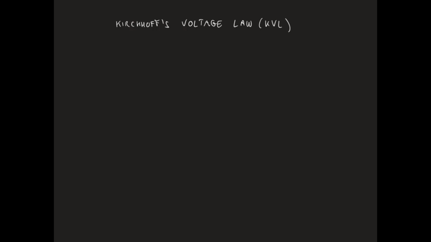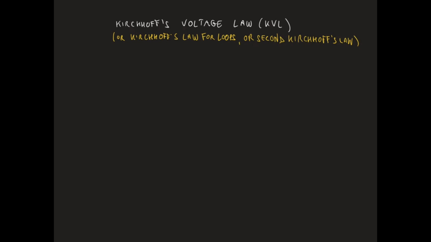Kirchhoff's law for voltages in a circuit, also known as Kirchhoff's law for loops in a circuit, or second Kirchhoff's law, derives from the fact that the work needed to move a charge from one point in a circuit to the same point is 0.